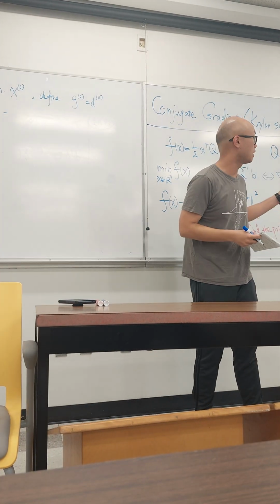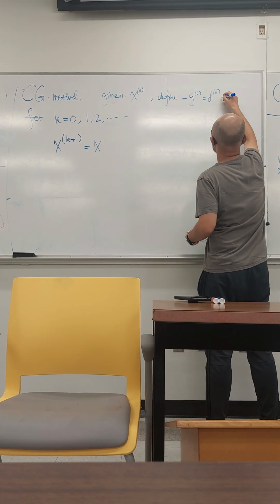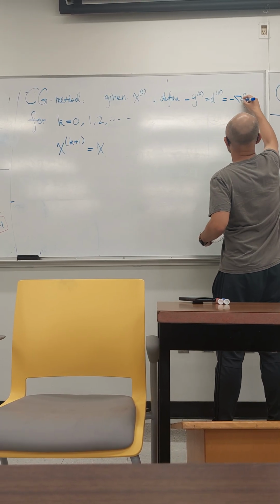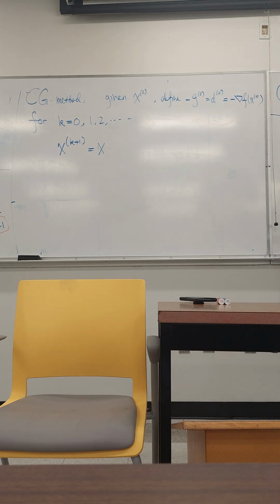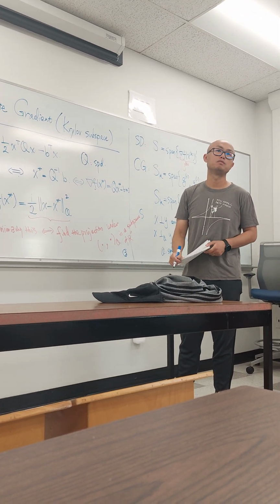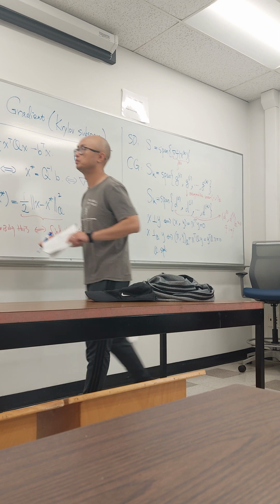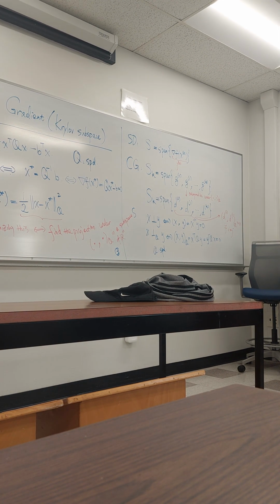The first basis vector we just choose as the negative gradient at the initial guess. Each time we add the negative gradient direction to the subspace, and then we orthogonalize it. So now we have this recursive formula.